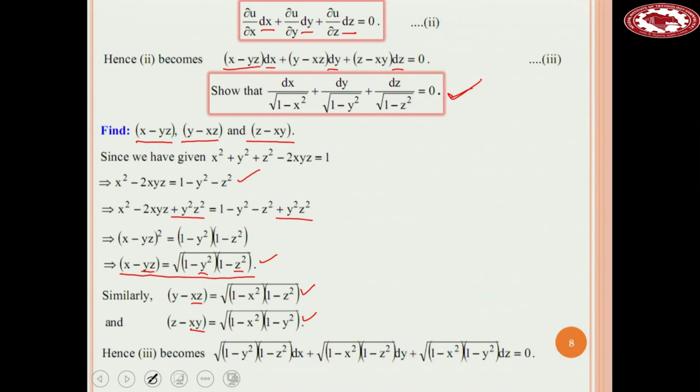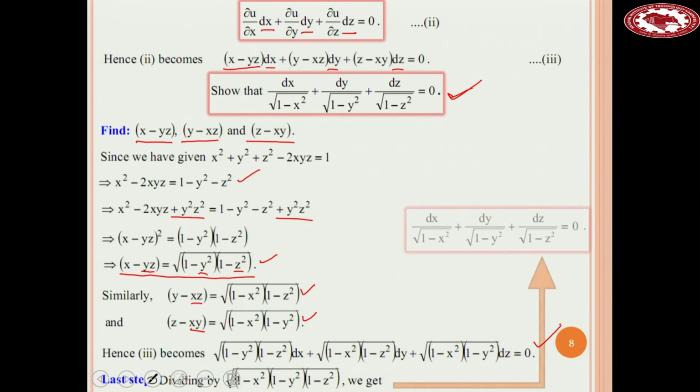So, the last step is dividing by √((1 − x²)(1 − y²)(1 − z²)). When you divide this whole result by this, we obtain the required expression.